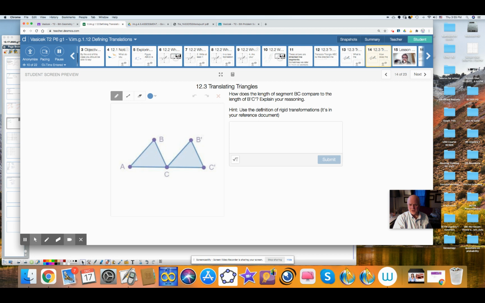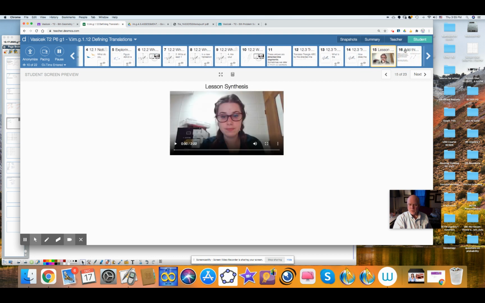That's what I just said. The definition of a rigid transformation is that a point can be moved to its image by a directed line segment, which will take it in the same direction and the same length. So if I'm moving point B the same direction, same length as point C, the same direction, same length, therefore these segments are congruent.